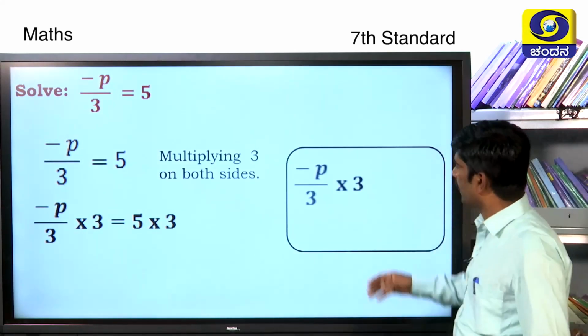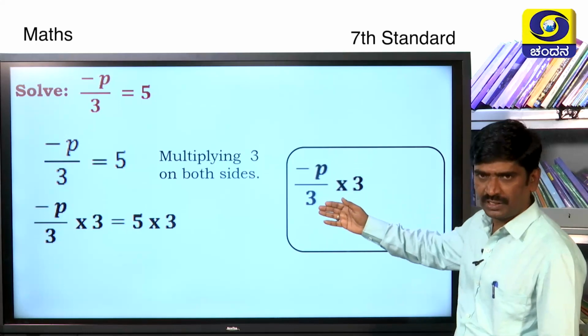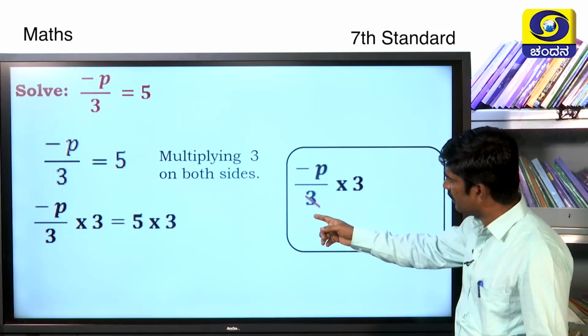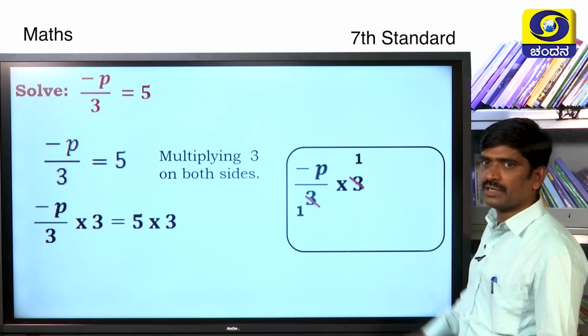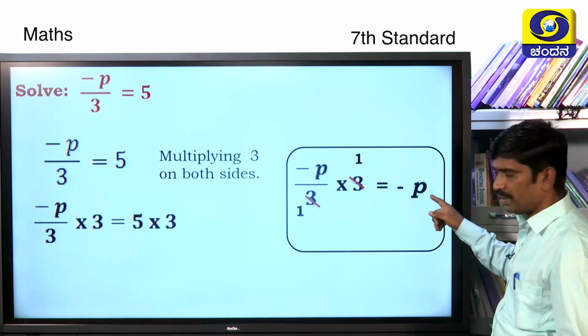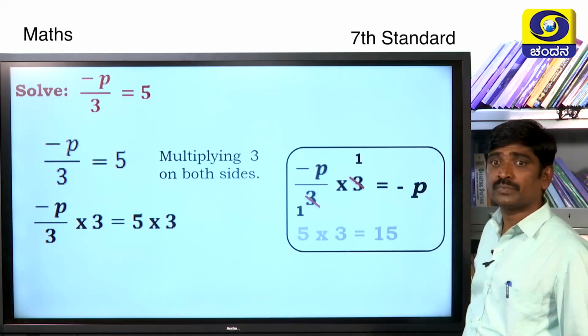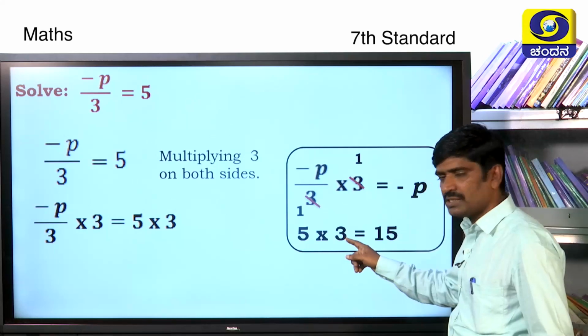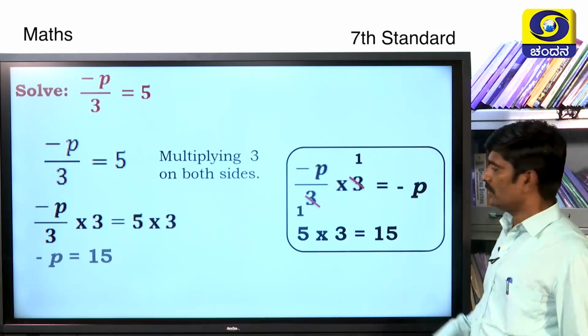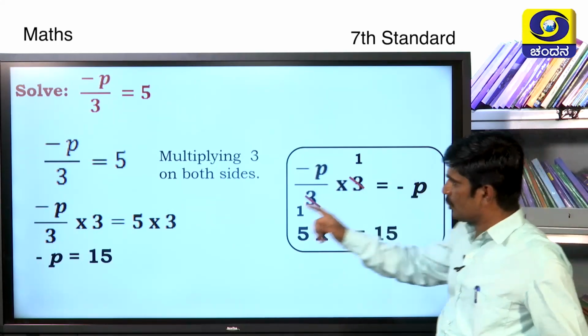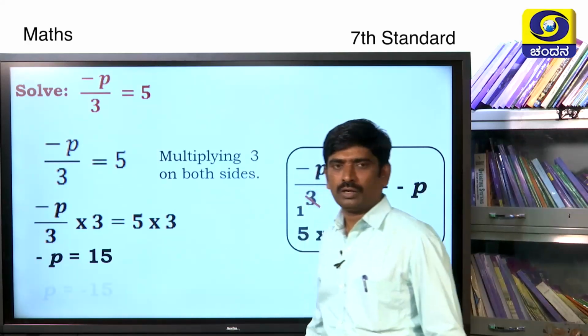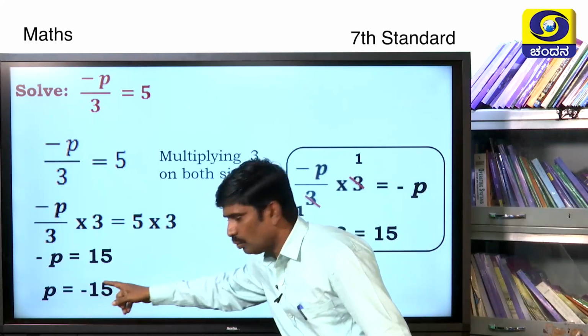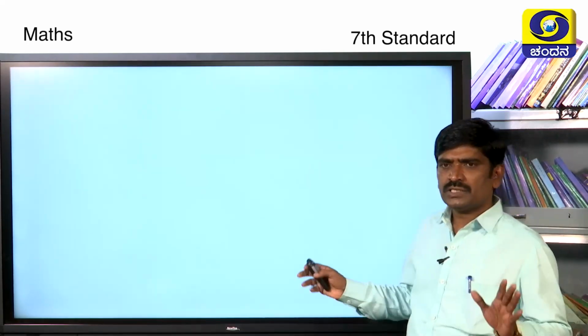Then minus p divided by 3 into 3, 3 ones are 3, that is minus p. Next, 5 into 3 is 15. Therefore, minus p is equal to 15, or p is equal to minus 15. This is in the second session.